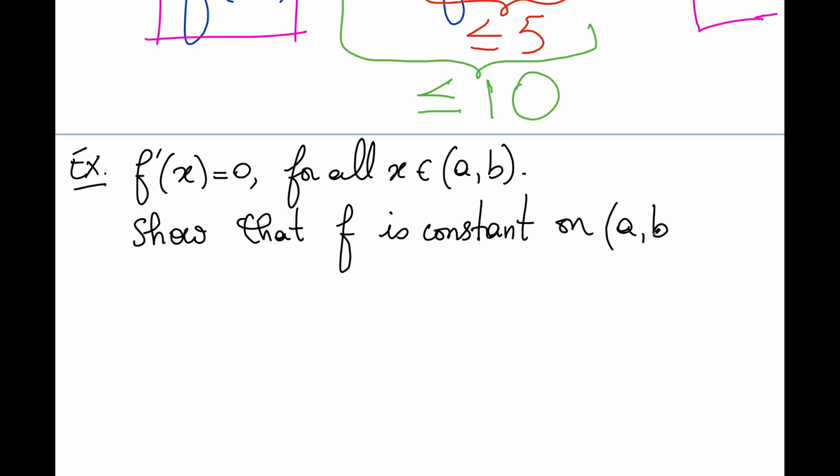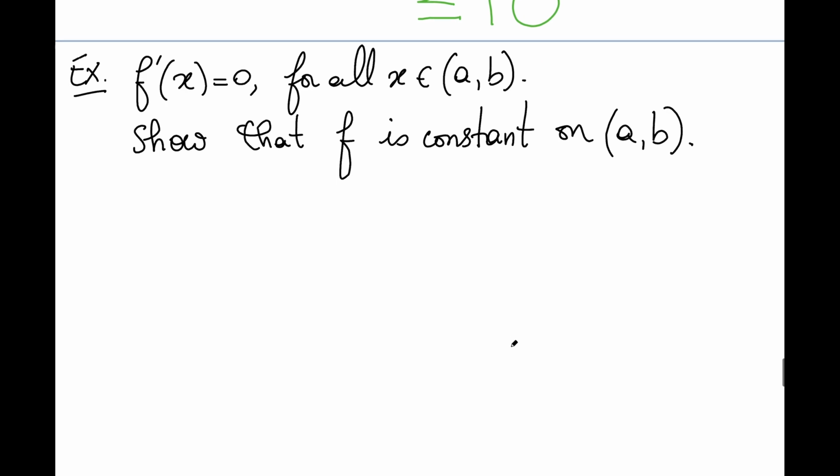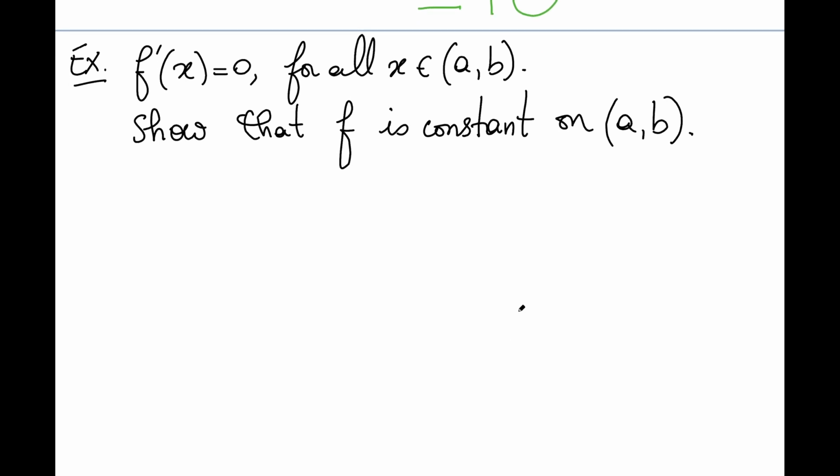Right? This is the question. All right, so the way we're going to do it is, I'm going to show that at two distinct elements in AB, the function has the same value. So we choose two random elements in AB.